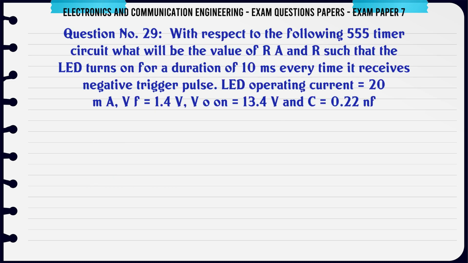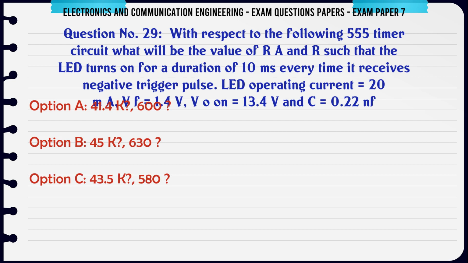With respect to the following 555 timer circuit, what will be the value of RA and R such that the LED turns on for a duration of 10 ms every time it receives a negative trigger pulse? LED operating current 20 mA, VF 1.4 V, VO on 13.4 V and C 0.22 µF.